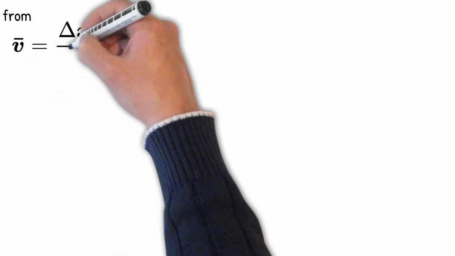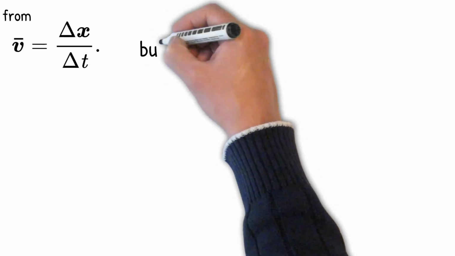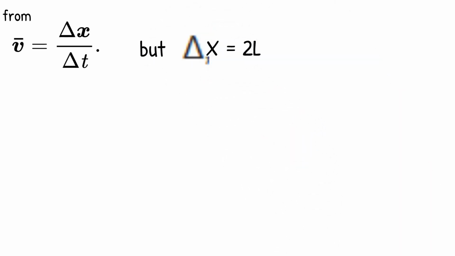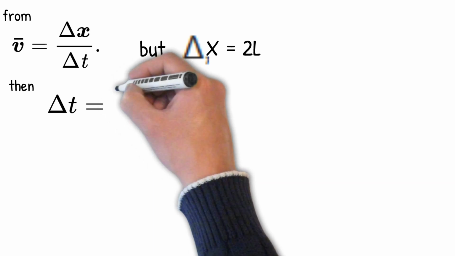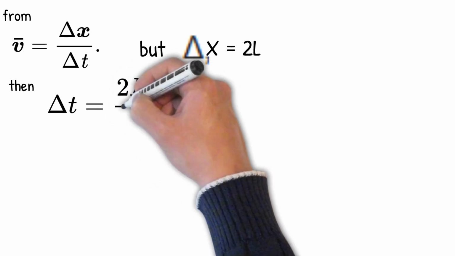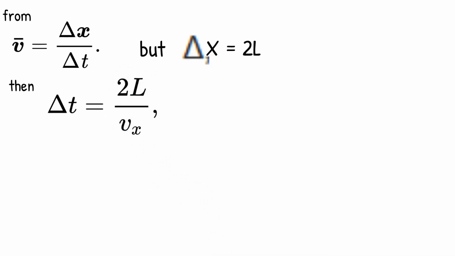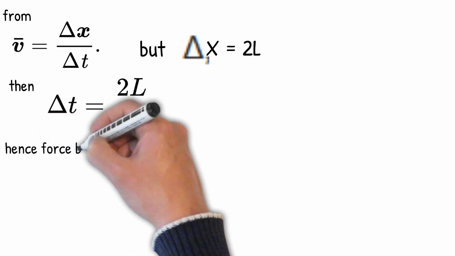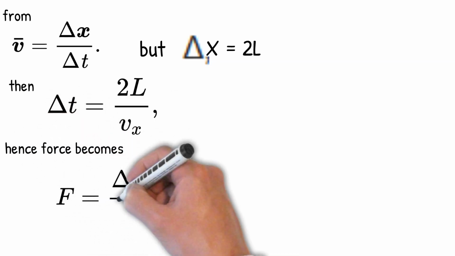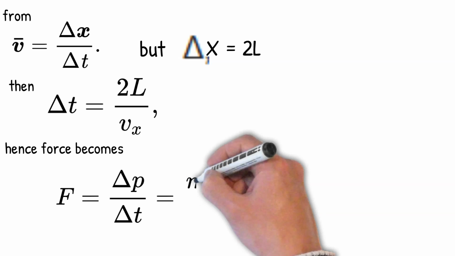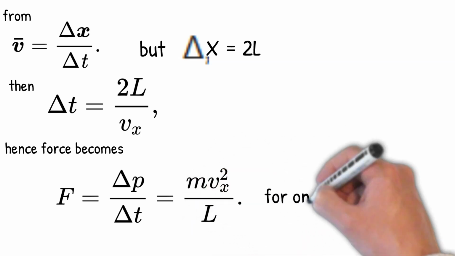From speed equals change in distance over change in time, but change in distance equals 2L because the particle will travel a distance of 2L before it hits face A again. Then making the subject, change in time equals 2L over ux, the speed in the x direction. Hence, force becomes F equals change in momentum over change in time, which equals mu² over L for one particle.